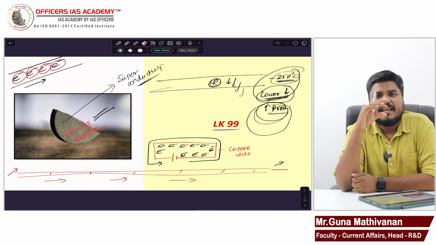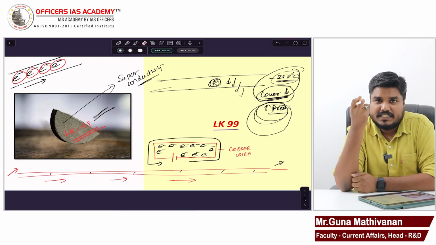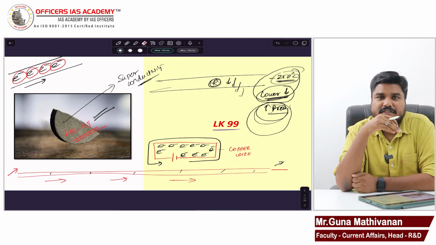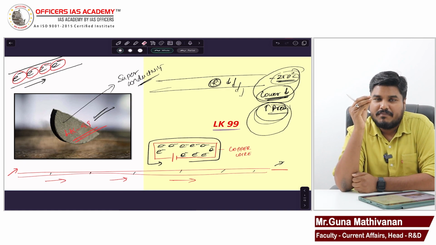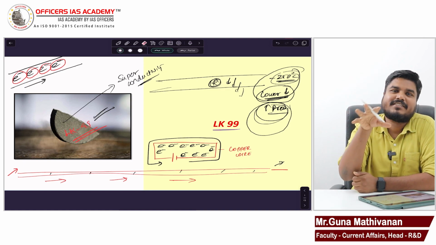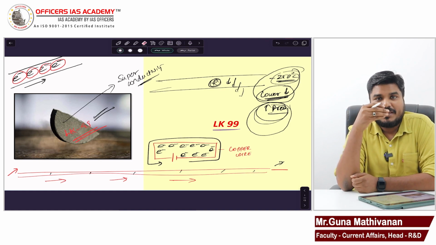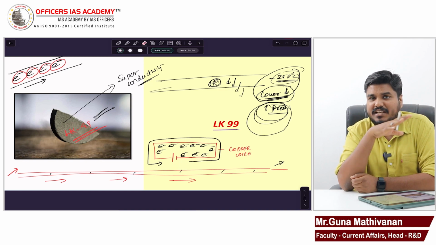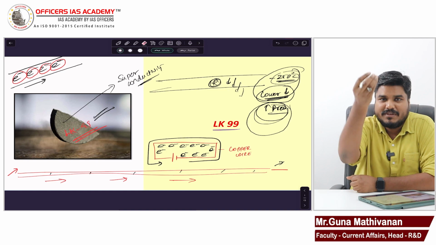The MRI machine has superconductivity based materials, right? So it needs to achieve those superconductivity properties for taking the MRI scan. Since MRI scan involves such complex phenomena, it is more costly. So if we are able to achieve superconductivity at room temperature, then various diagnostics will become so cheap.